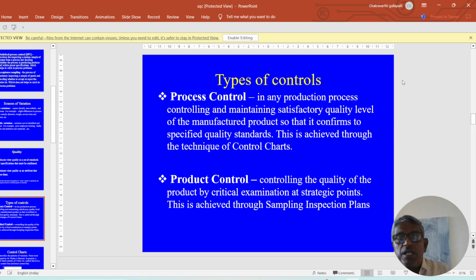Controlling the quality of the product by critical examination at strategic points is called product control. So while the process is going on, we are examining the quality of the item, which is called product control.